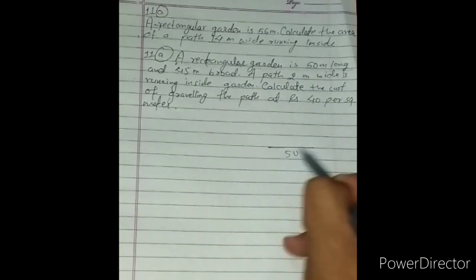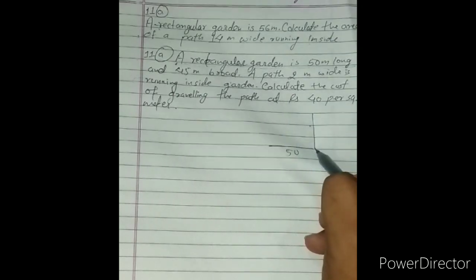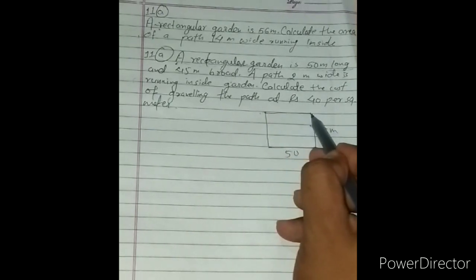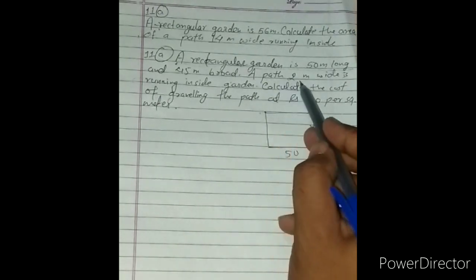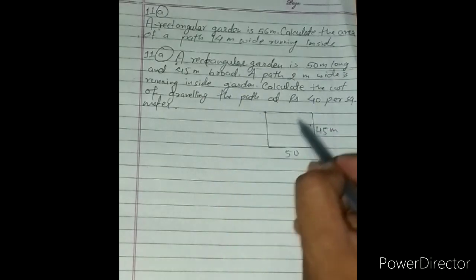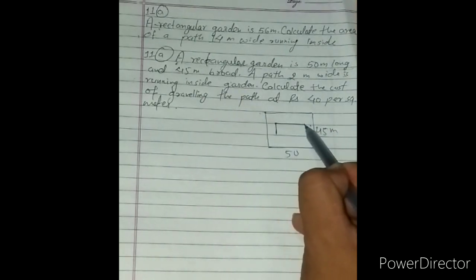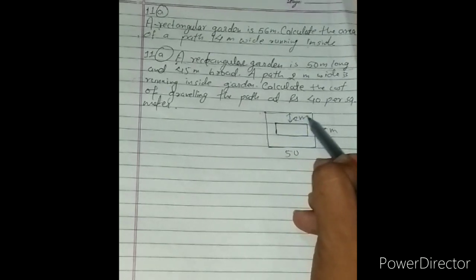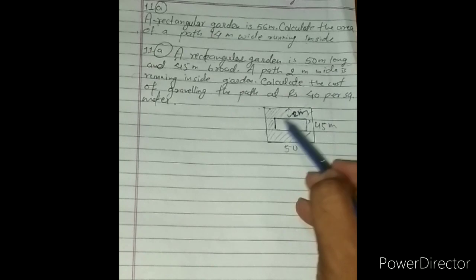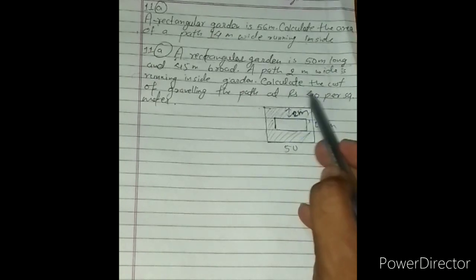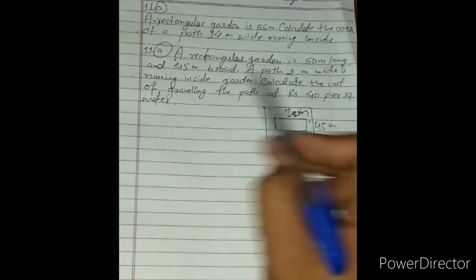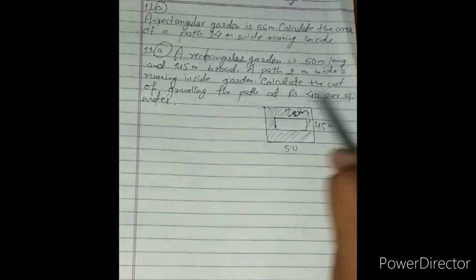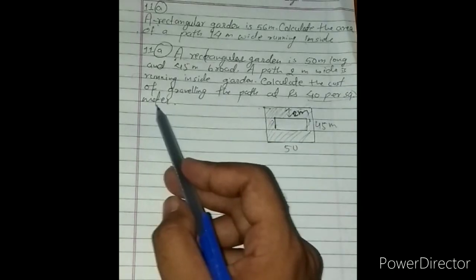Now a path 2 meter wide is running inside the garden. You have to find the area of this path first of all, and then you can calculate the cost of graveling at the rate of 40 per square meter. So per square meter, first we have to find the area.